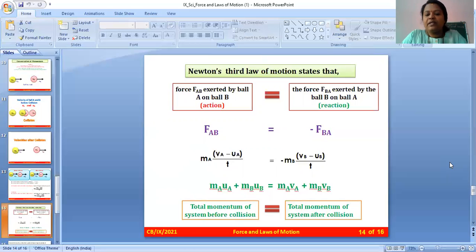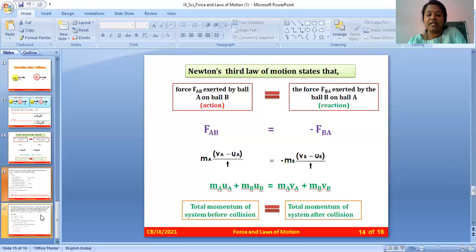That the total momentum of the system, that is the two bodies, before collision is the same as the total momentum after collision. This states the conservation of momentum: momentum is not lost anywhere. It remains the same. In this way, let us see more examples.